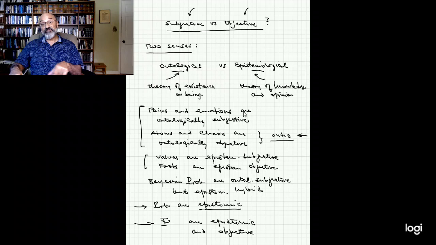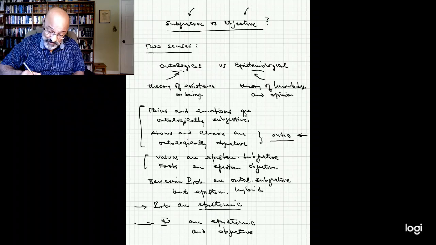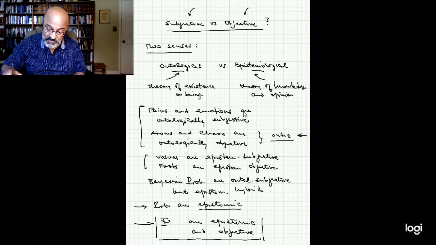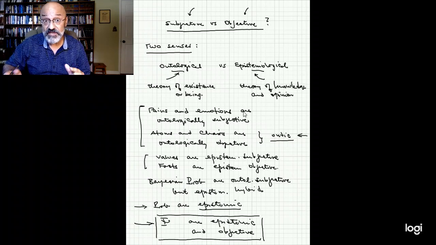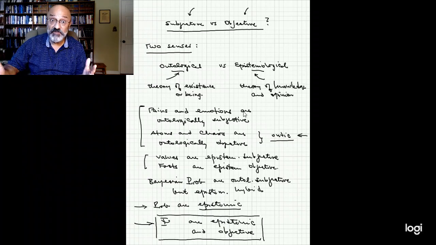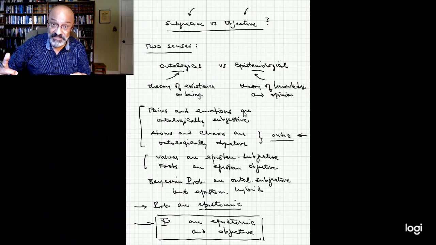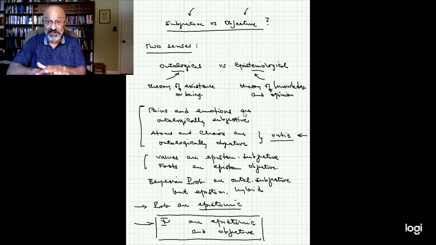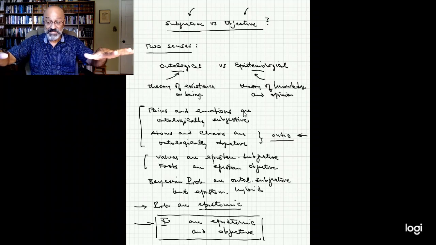If you compute the wave functions wrong, you don't agree with experiments. You believe the wrong things. So wave functions are going to be epistemic and objective. Please notice how different this is from, say, the many worlds interpretation, in which the wave function is objective and ontic. It's real. It really describes how universes split.